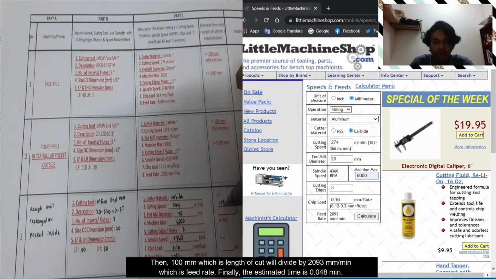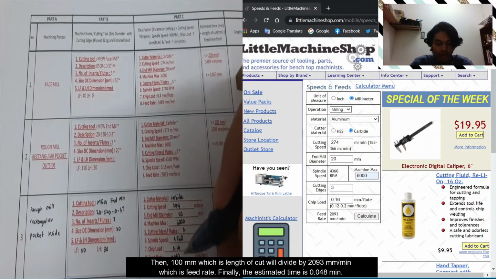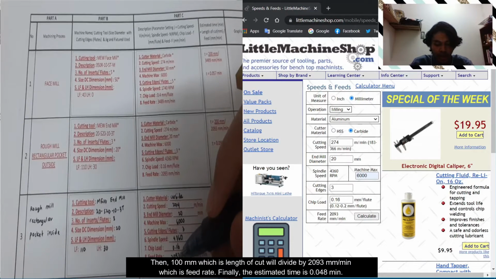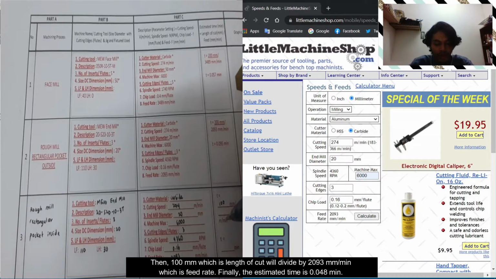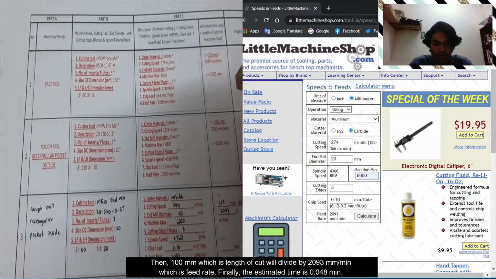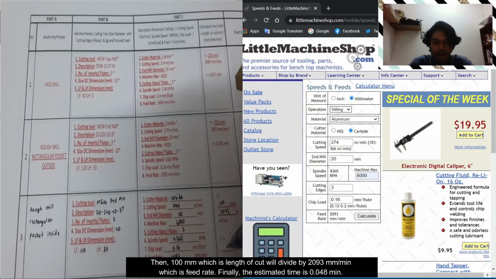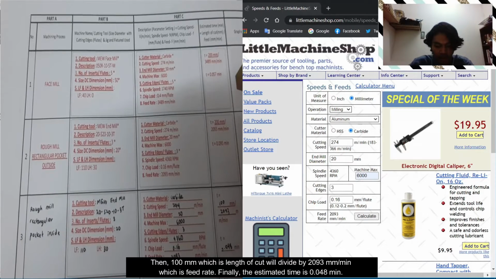Then 100 mm, which is the length of cut, will be divided by 2093 mm per minute, which is the feed rate. And finally, the estimated time is 0.048 minute.